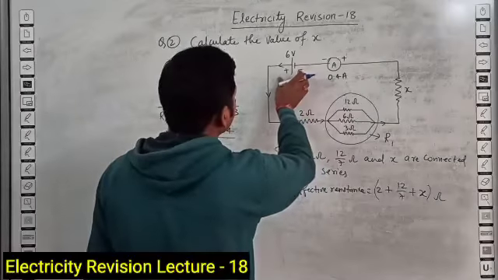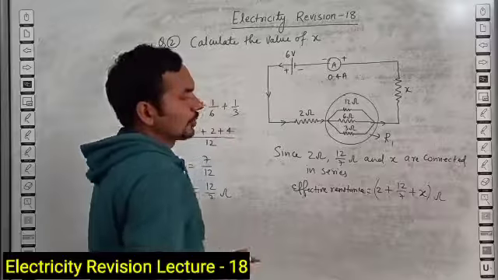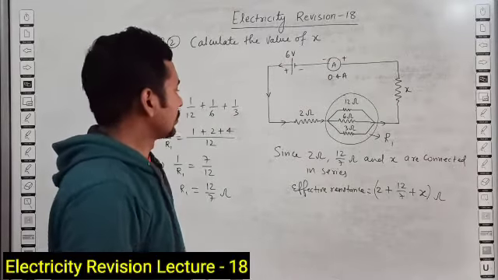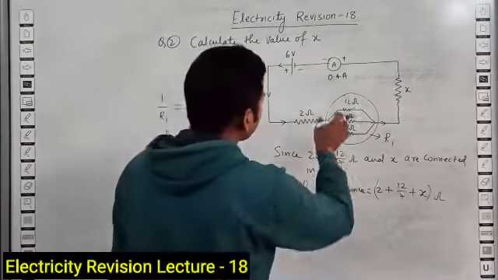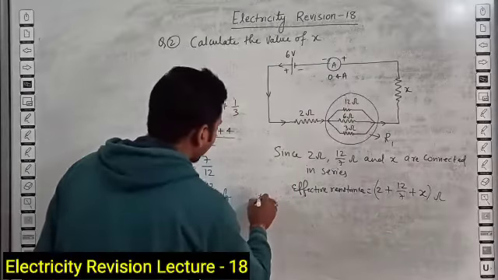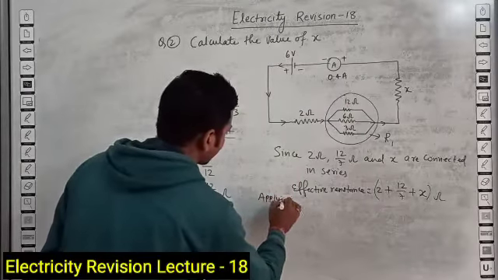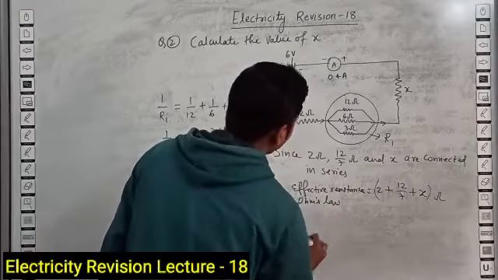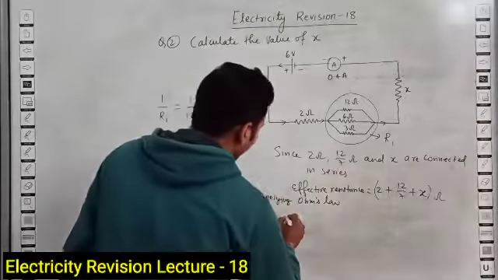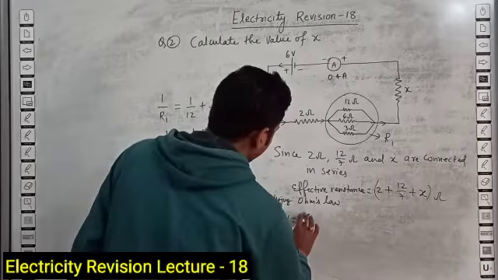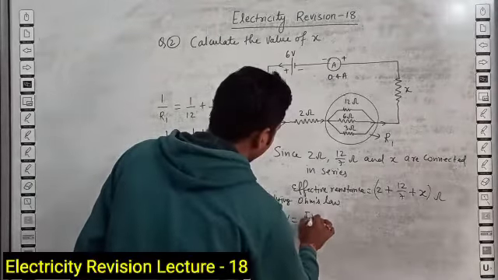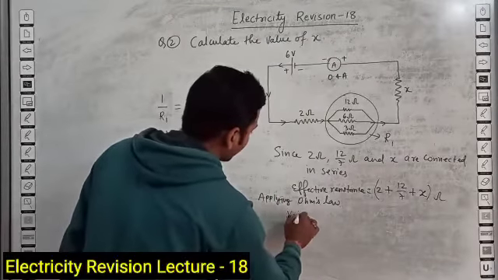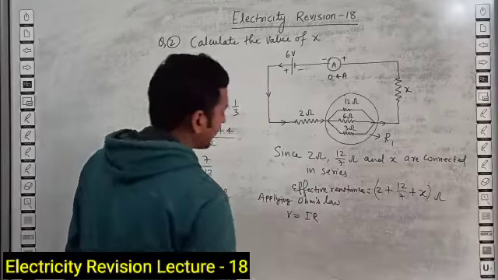We are given the potential difference for this circuit, 6 volt, and we are given the current also. So applying Ohm's law, V is equal to IR.